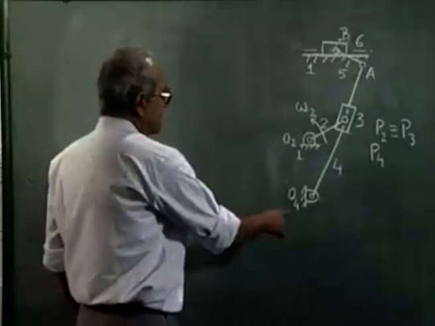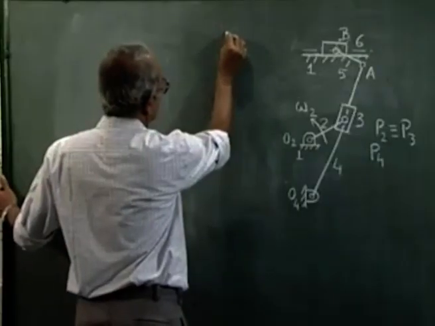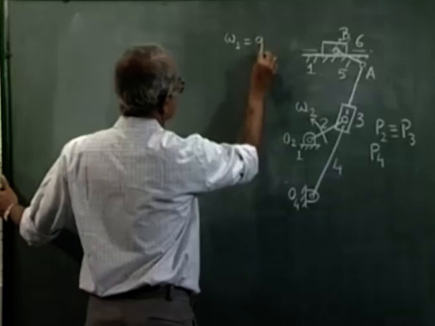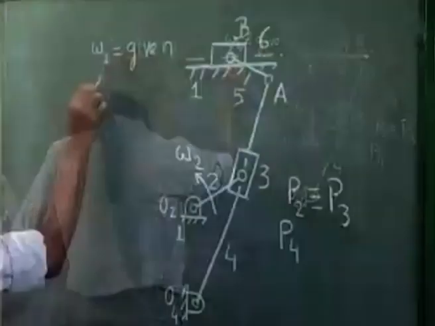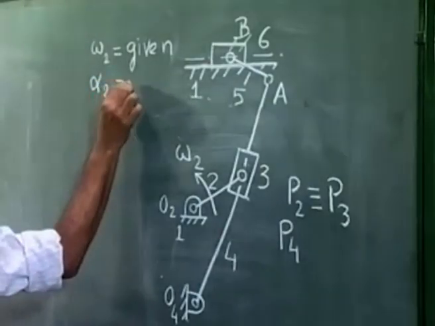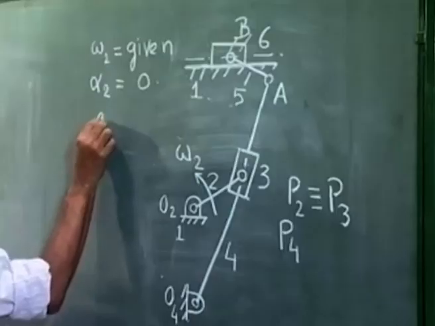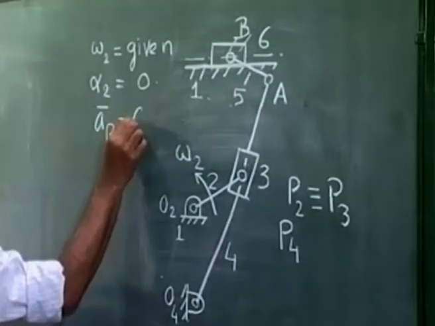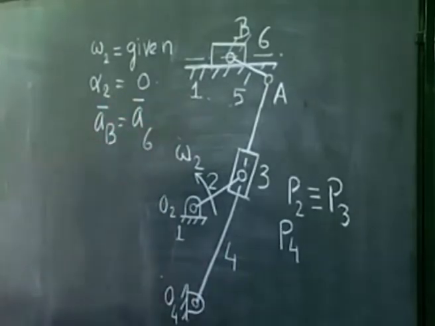The kinematic diagram we had already drawn, and we are saying omega 2 is given, and let us assume it to be constant as before, and objective is to find the acceleration of the point B, that is the acceleration of the body 6, which is a slider.